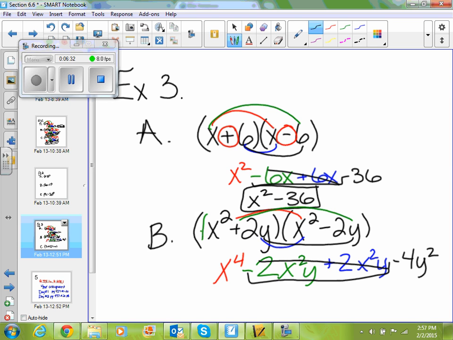Those cancel. Those should always cancel if you're doing it right when it's a problem that looks like that. So x to the 4th minus 4y squared.